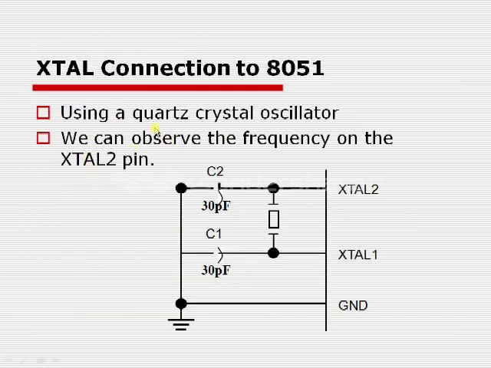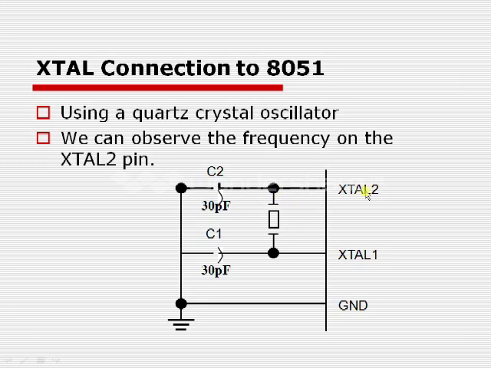Now this is the first way, where I am going to use the crystal. Here XTAL2 and XTAL1 are the 2 pins to which one crystal is connected. Along with the crystal, 2 capacitors are connected, and the other ends of the capacitors are connected to the ground. These capacitors will be giving us the AC input signal, that is the transient response, and the oscillator is going to work with the help of this transient response.